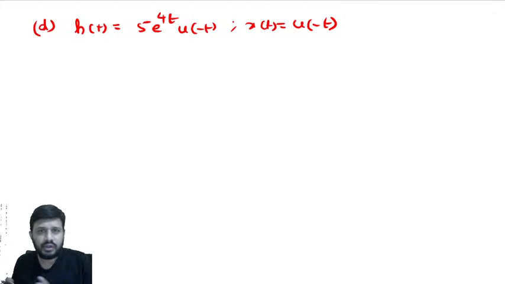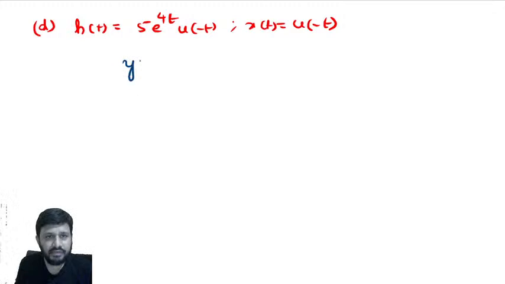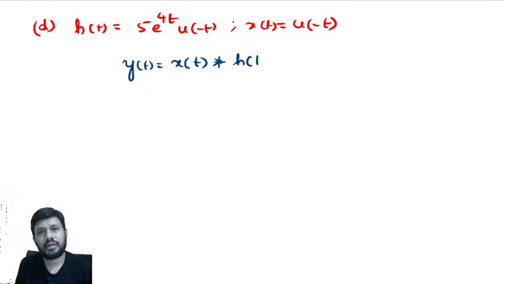First of all, he is asking us to find out the output, means you have to use convolution. Whether you can proceed or not, we must observe. We know that given input and impulse response, output is convolution of input and impulse response, right?